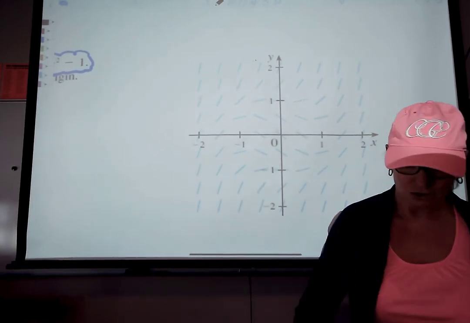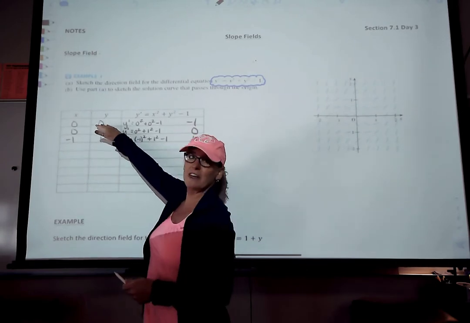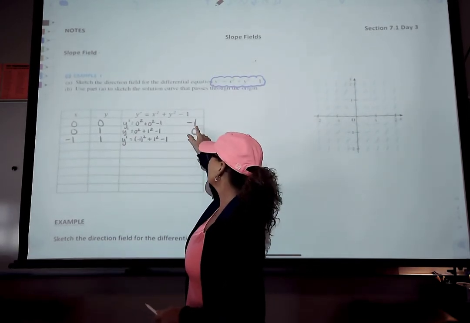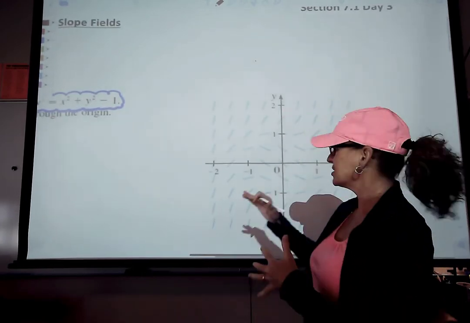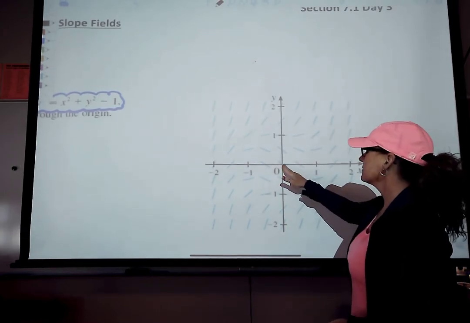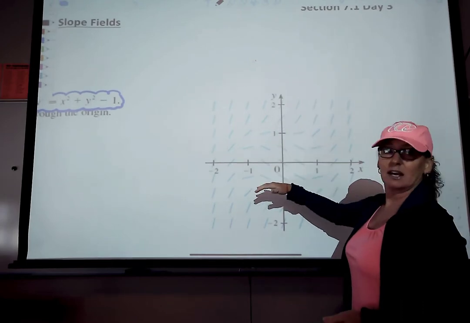Someone has gone to the trouble to complete a table with 81 rows in it to see the slope at every position on this graph. So it looks like we count by a half. So a half, 1, 1 and a half, 2. They've done that 81 times.